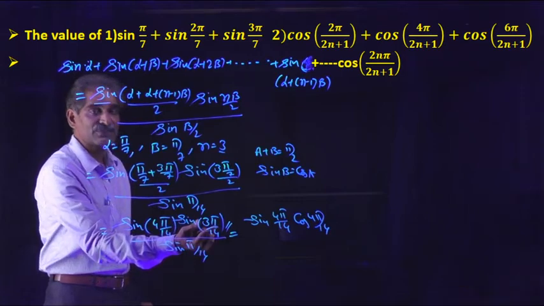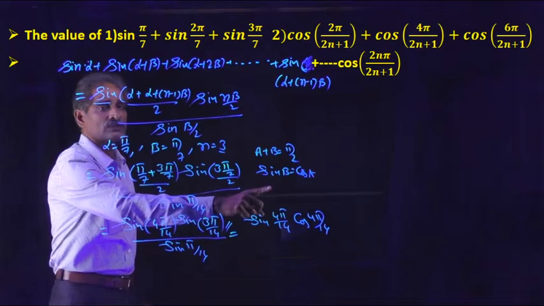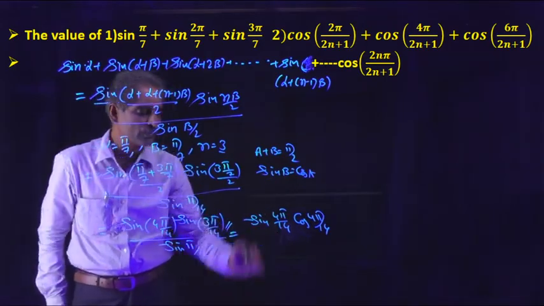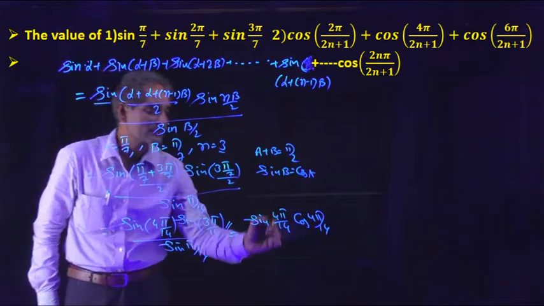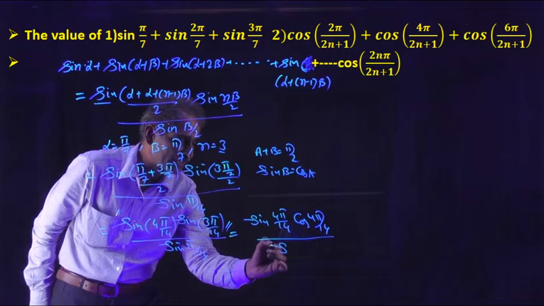So sin of this is equal to cos of this angle. This is the way we get sin B equal to cos A. So this is equal to sin 4 pi by 14 into cos 4 pi by 14 divided by sin pi by 14.